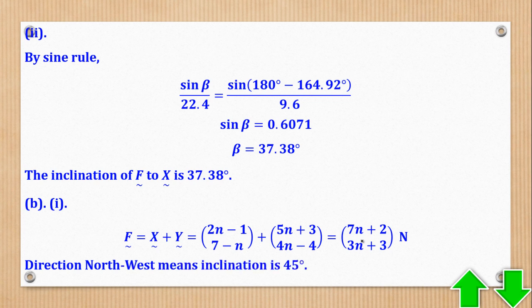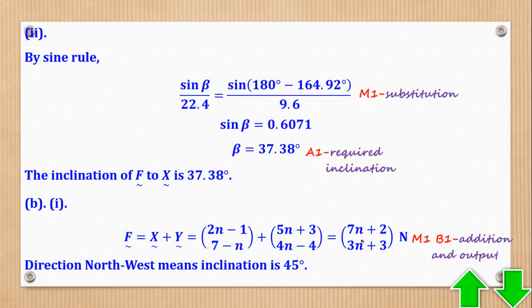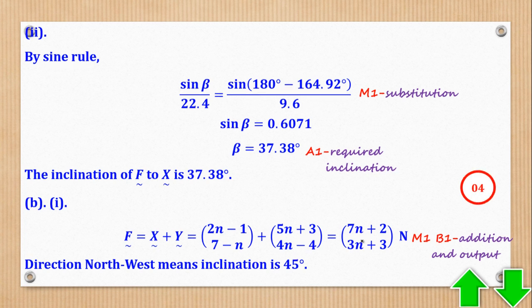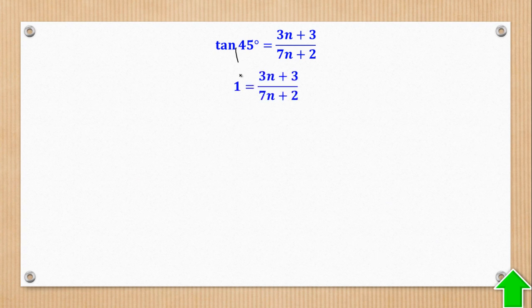But the direction of northwest means that the inclination is 45. So you'll say that tan 45 is equal to that over that. Tan 45 is 1. So cross multiply to get that, collect like terms, and get the value of n. And that's what they wanted.